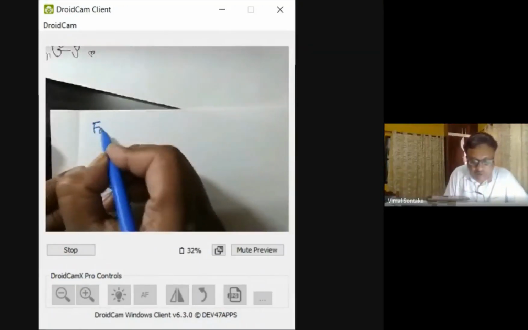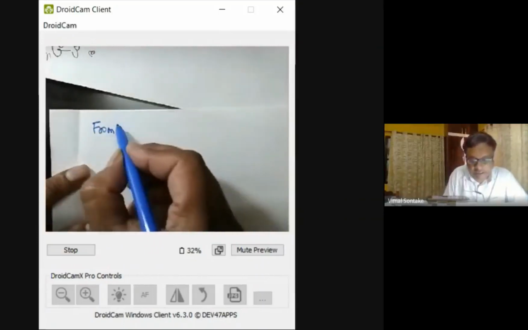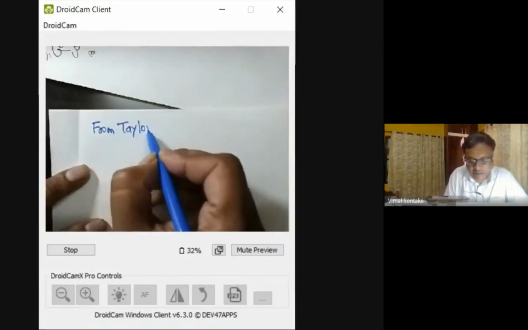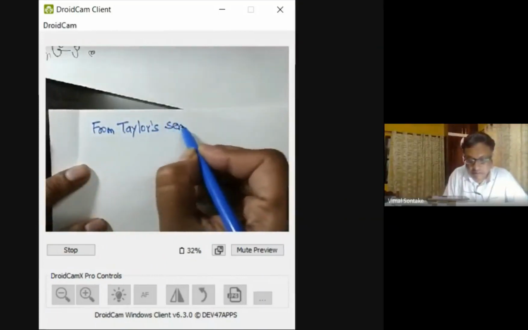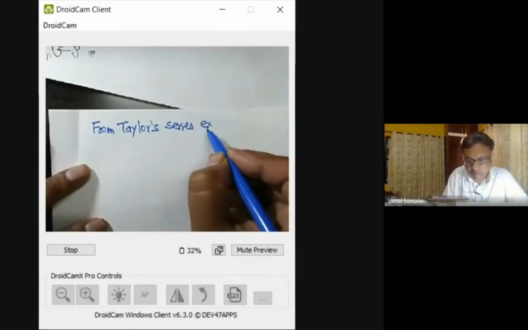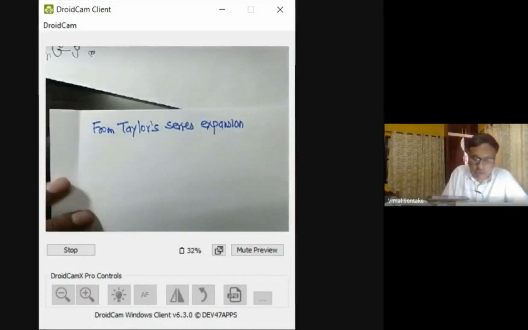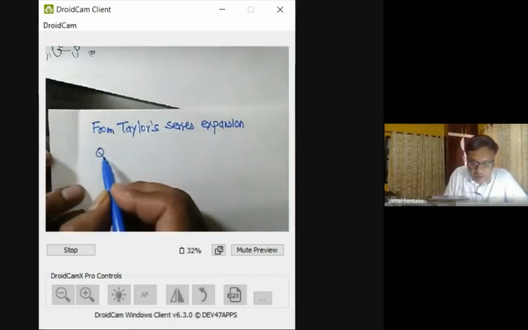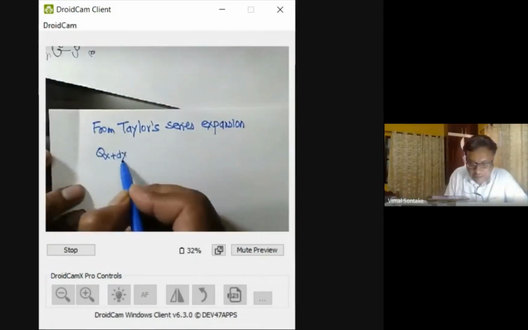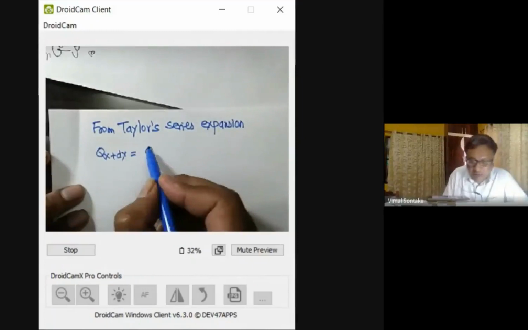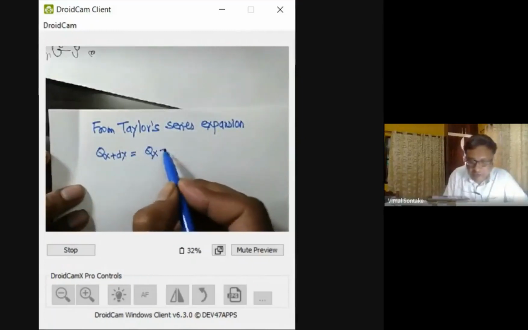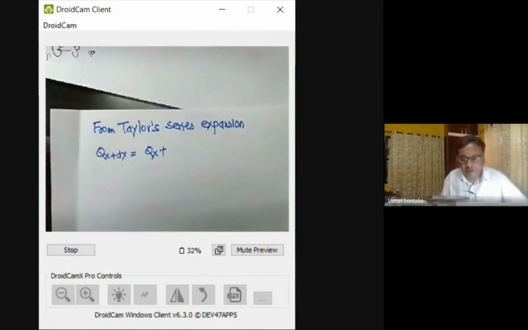From Taylor series expansion, I want to write the expression for Qx plus dx. Qx amount is entering at the left face, while it is flowing through the distance dx, it is changing.